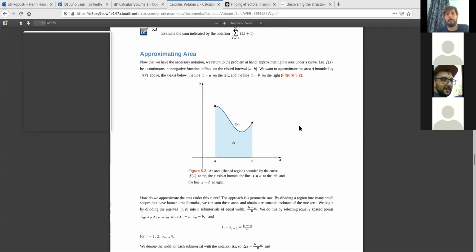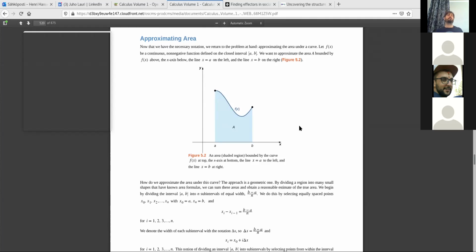So here's the problem. Let's say that we have a curve, f of x, and we draw that curve from A to B, and we want to know the surface area that falls under the curve like this. Most of you have already learned that we can use the integral to find this, but this approach is what we call the Riemann integral.